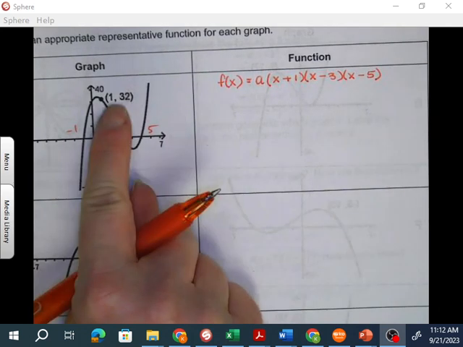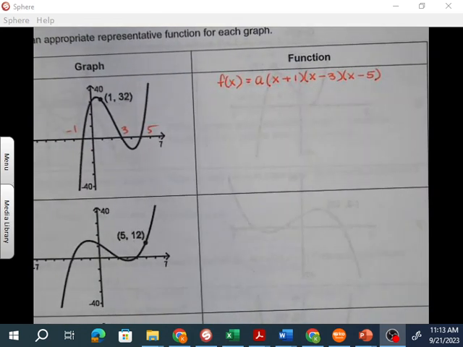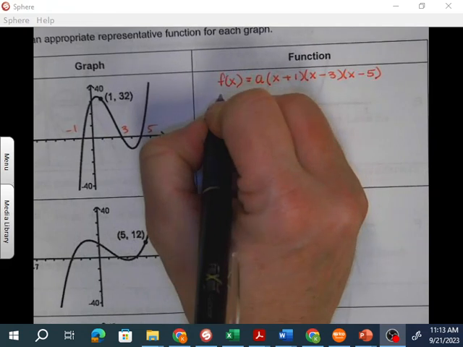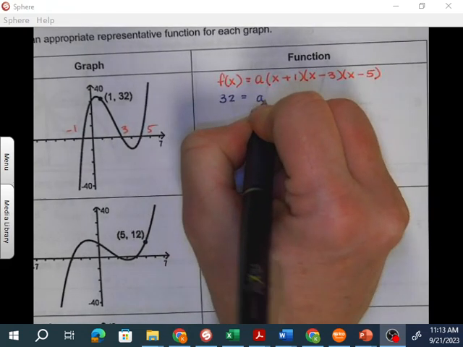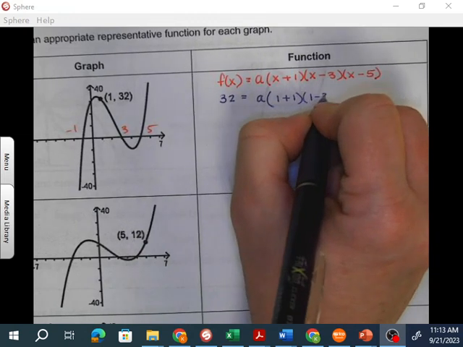And then they gave you the ordered pair 1, 32. So this is exactly like what we were just doing a minute ago. You just have to start by getting your x-intercepts off the graph. So 32 equals, I don't know a, that's what I'm looking for, 1 plus 1, 1 minus 3.